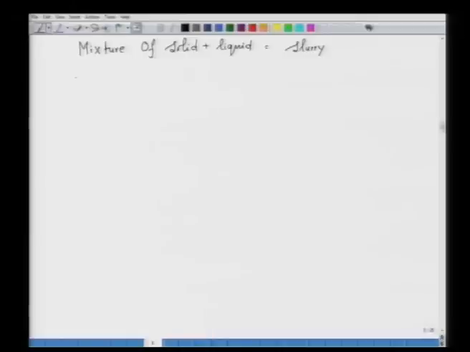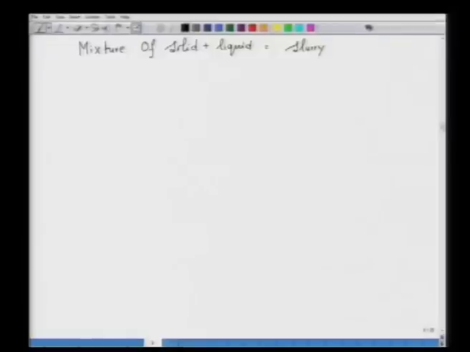So, for transportation purposes of a slurry, it is important to know what is the concentration of solid in a slurry, because you may be using a pump to transport the slurry from one location to another location, and this term slurry will come very often in my lecture on material and heat balances. So, please be clear.